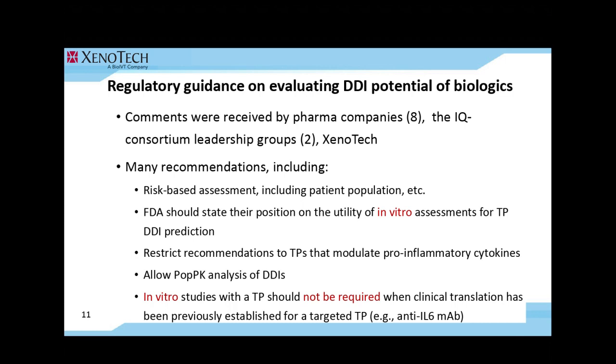EMA 2007 guideline on clinical PK of therapeutic proteins stated that some therapeutic proteins, for example, immunomodulators such as cytokines, have shown a potential for inhibition or induction of CYP enzymes, and thus the need for in vitro or in vivo studies should be considered on a case-by-case basis.